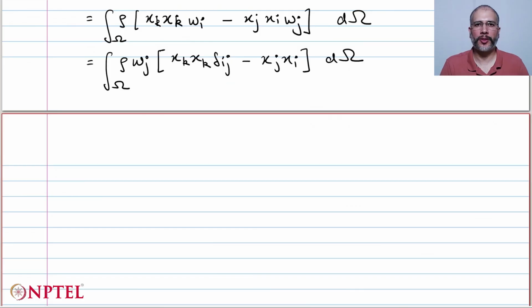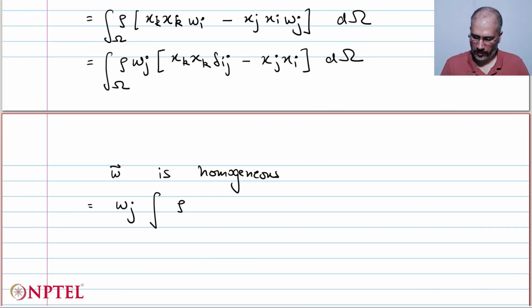And since it is a rigid body rotation, then our omega vector is homogeneous. That is, it does not change with position, otherwise we won't have a rigid body rotation. So for the motion to be rigid body, omega has to be homogeneous. So this means I can take the omega_j out of the integral, and this is rho times this quantity.